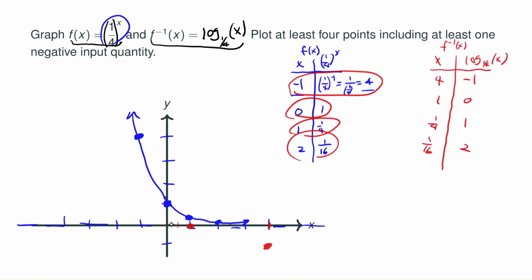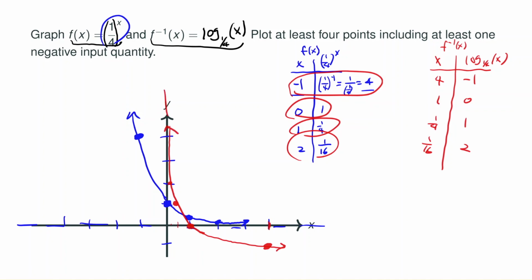When x is 1 over 4, y is 1. So somewhere here. And when x is 1 over 16, very close to 0, y is 2. So maybe somewhere here. So the graph looks something like this. Okay.